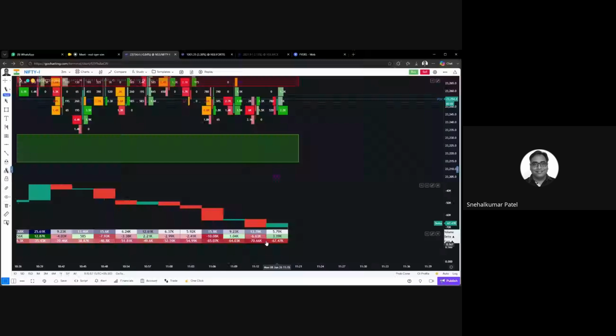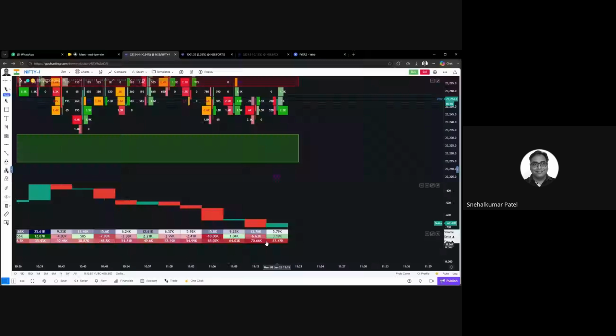But as a trader, rather than anticipating, we should go with the flow. If the market goes down, take a down trade. If the market goes up, take an up trade. That's the only thing we should focus on as a trader. In my personal experience, that's what works for me. I don't anticipate that the market will go up or down. I go with the flow.